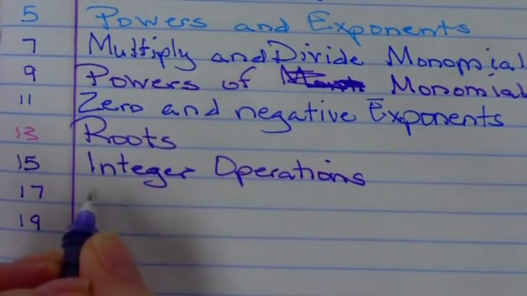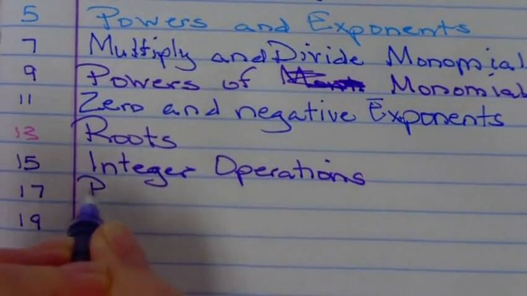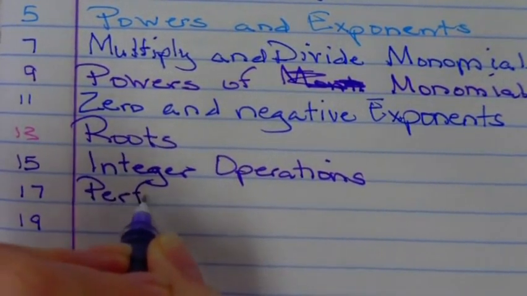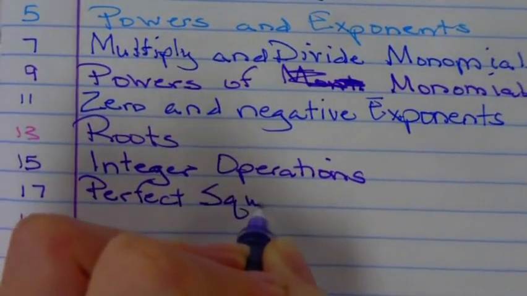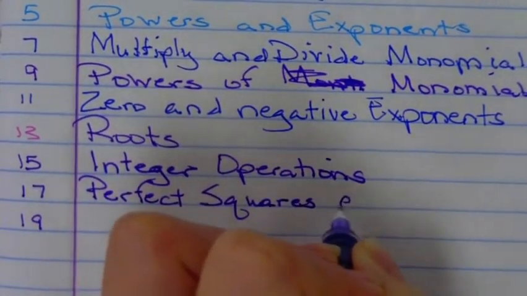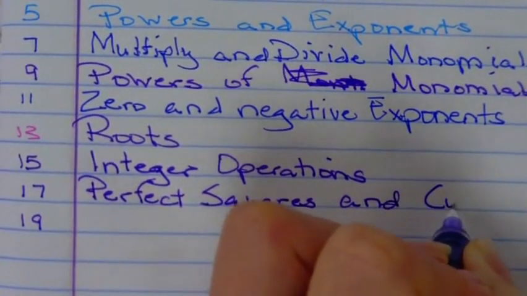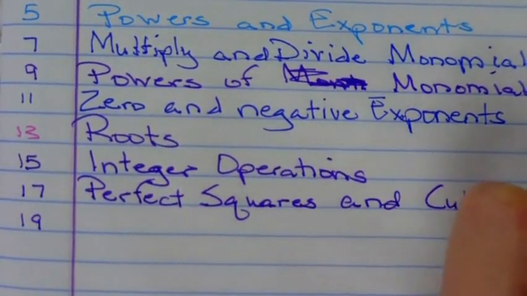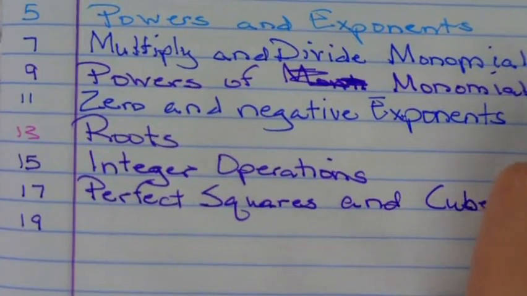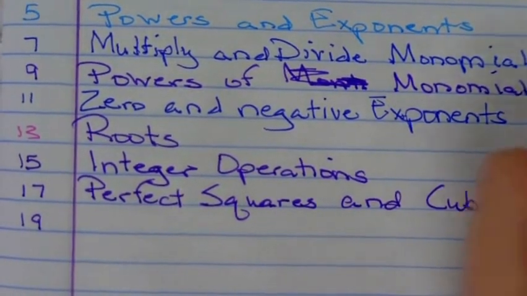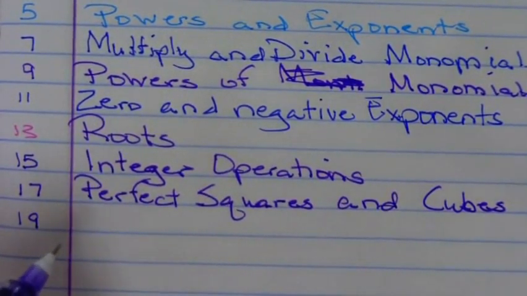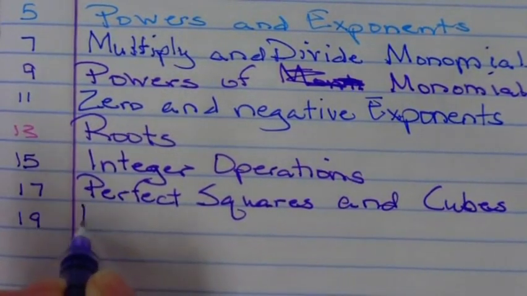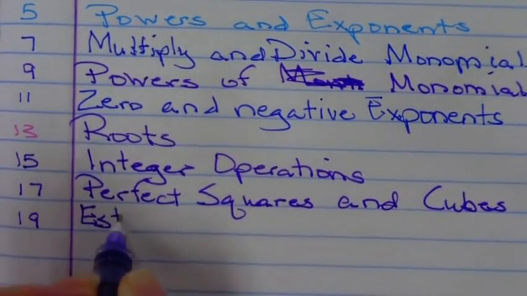Then we're going to add our perfect squares and cubes, and we will be using that today as well. And then page 19 for me, because I only do the odds, we're going to do estimating roots.